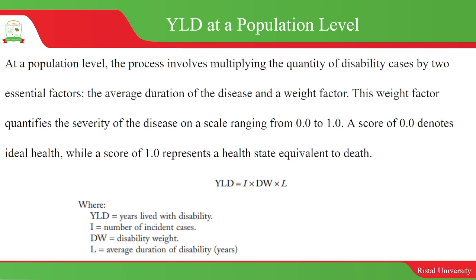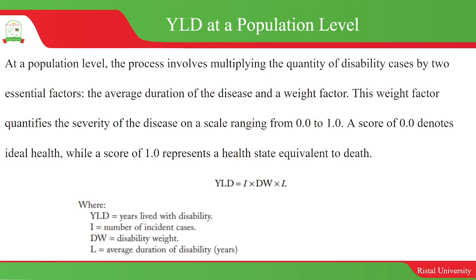So let's basically explain this. If you're going to use our example for the fracture, the fracture will take sometimes months to heal. So you'll be with that fracture for, let us say, 3 months before it heals, before you come back to normal. And then what about the weight factor?